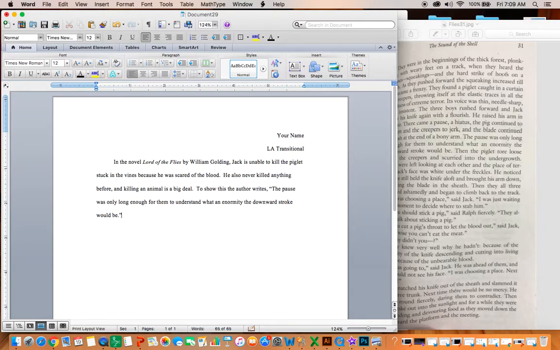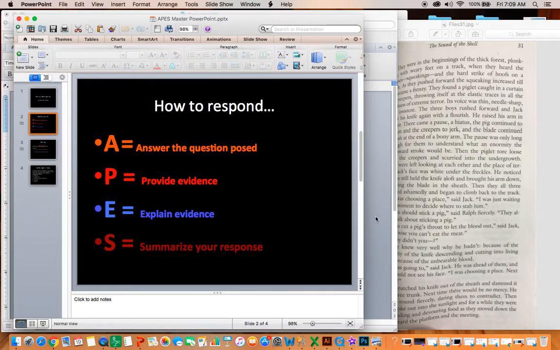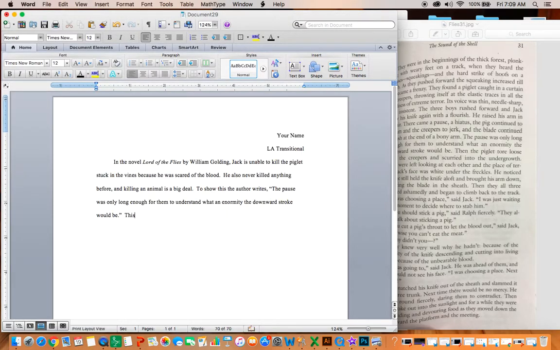And you end your quote there. So that was providing evidence. Now we've got to explain our evidence. This means that killing an animal is a really big deal, especially if you are not used to it. So that's kind of a simple explanation, but it still gets the point across.